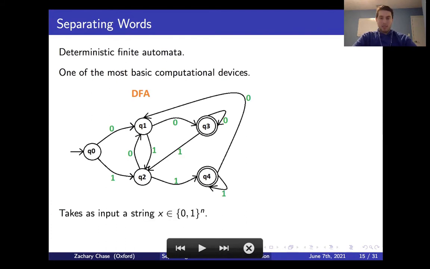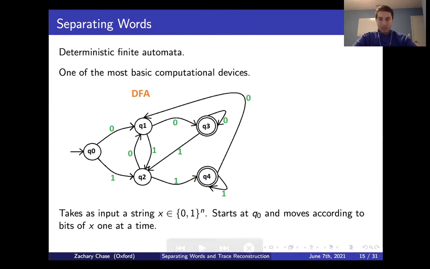The DFA takes as an input a string x in {0,1}^n. It starts off at q0 and then goes through the bits of x one bit at a time, and moves according to the arrows. And we say that the DFA accepts x if the state that we end up at is an accept state. So in this example, q3 or q4.